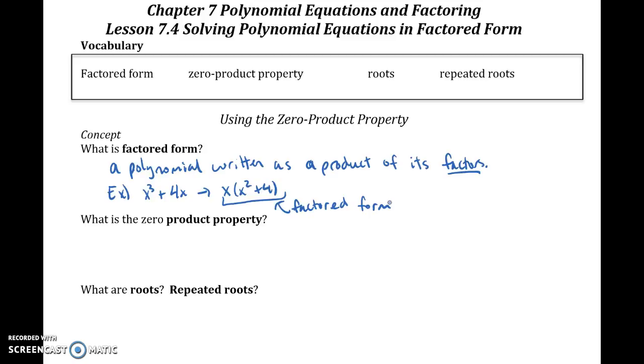And the zero product property just basically says if you have a product that is equal to 0, either of the factors has to be 0.